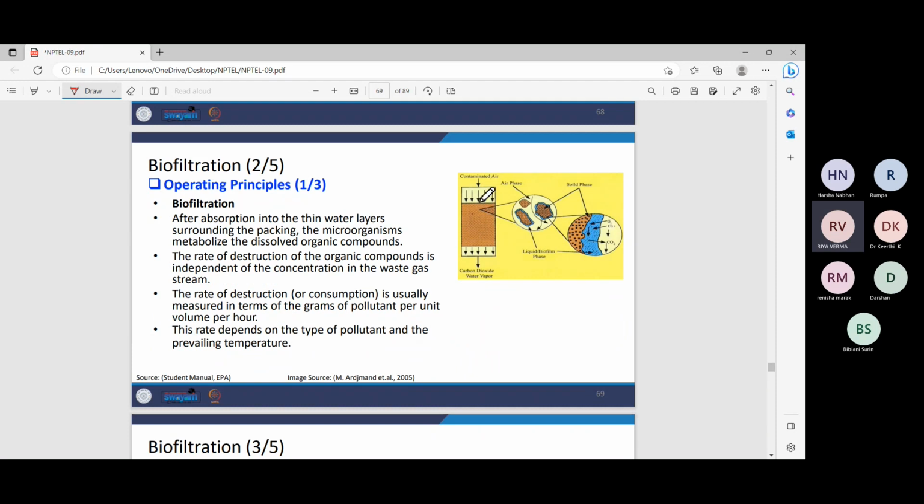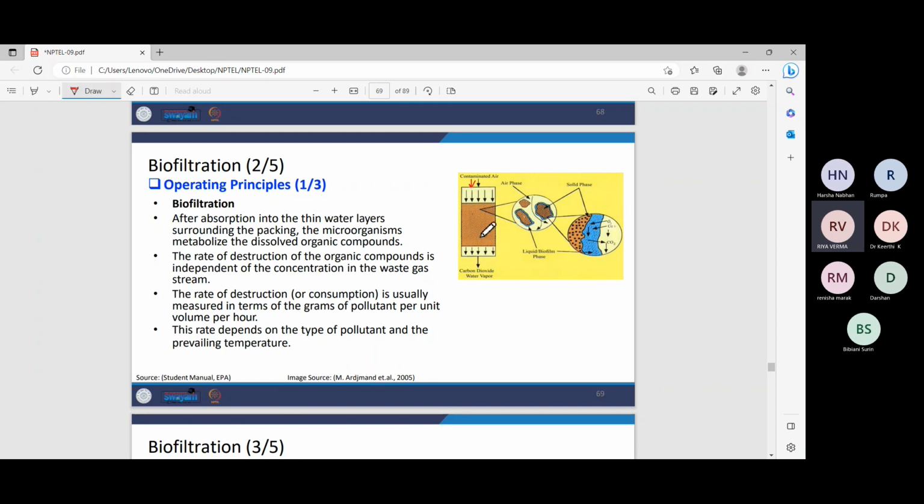After absorption into the thin water layers surrounding the packing, the microorganisms metabolize the dissolved organic compounds. Basically, it is used to treat the organic compounds which are present in the airstream. So the contaminated air is passed from the top of the chamber, and the clean air comes out from the bottom.